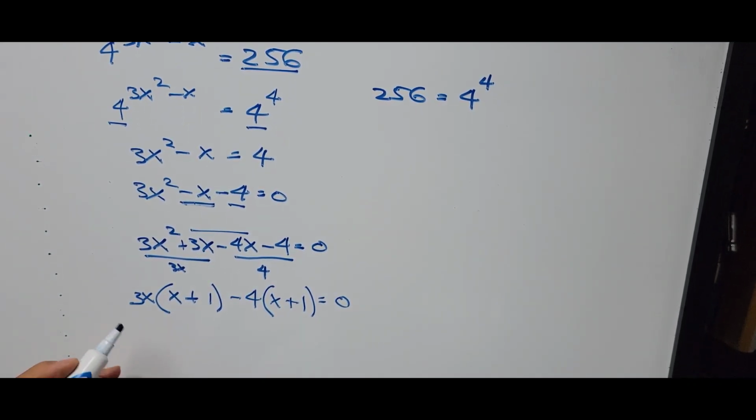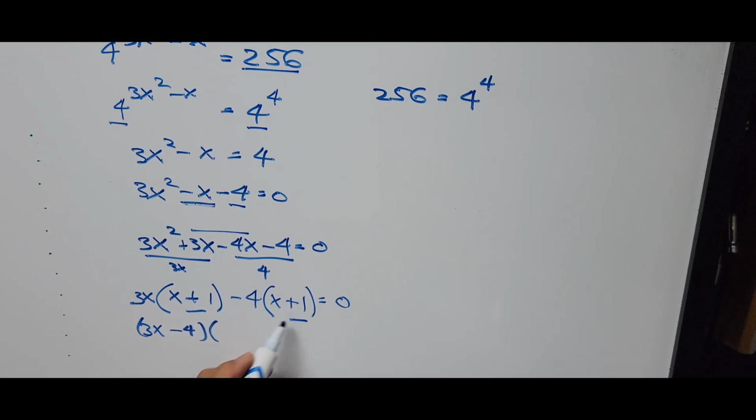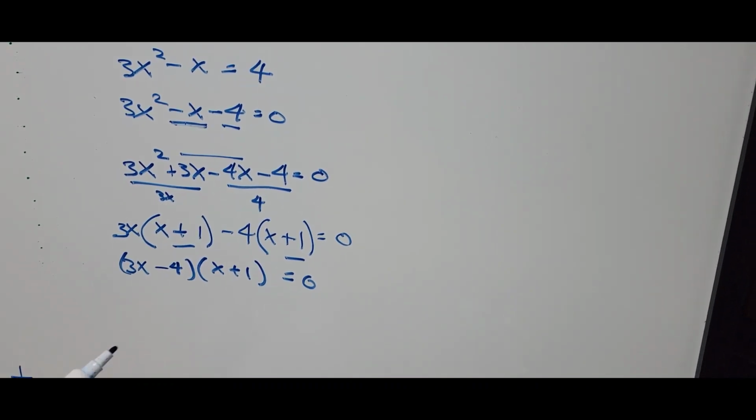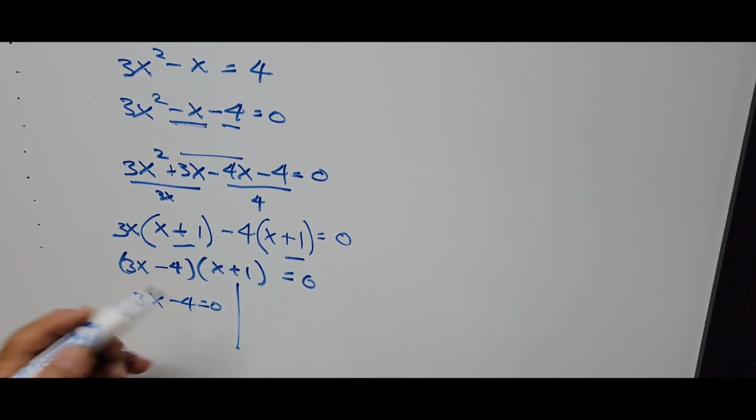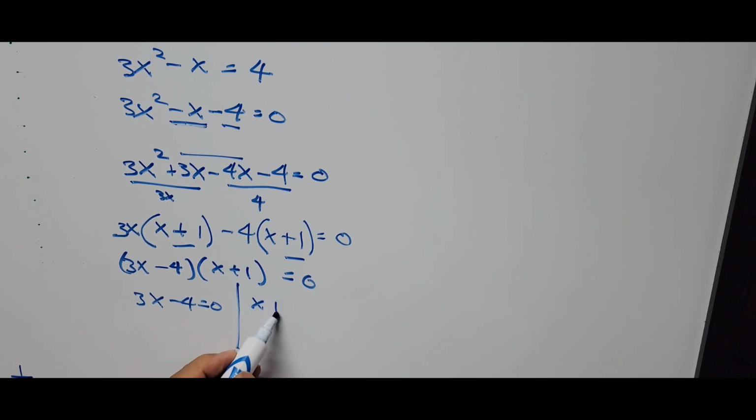Simplifying this further, 3x minus 4 times the quantity x plus 1 equals 0. From here we can equate these two binomial factors to 0. That is 3x minus 4 equals 0, and x plus 1 equals 0.